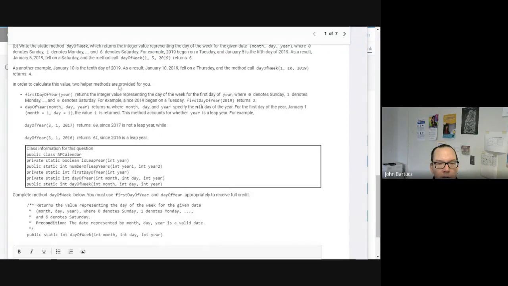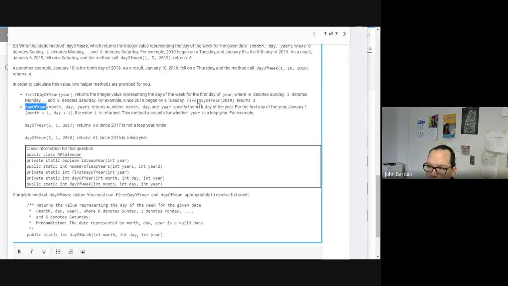So in order to calculate this value, we have first day of year, and we have day of year. So I'm starting in my mind to already think about how this is going to work.